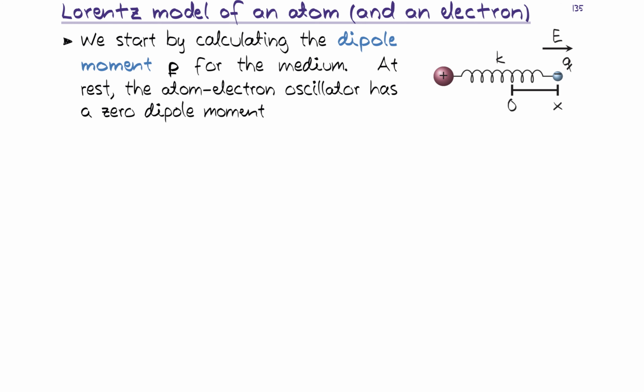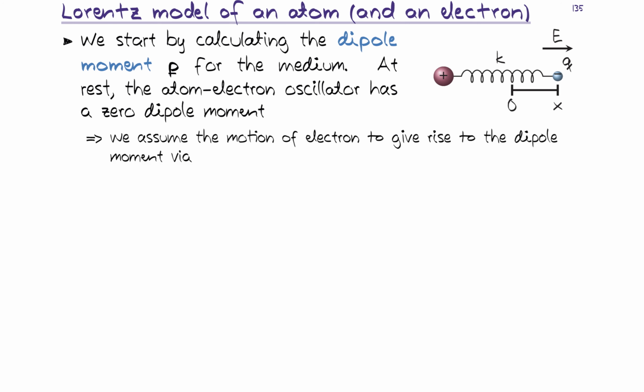So we start with the dipole moment, small p, and describe the medium's microscopic response using dipole moments. And when the system is at rest, so there's no driving field, this atom-electron oscillator system has a zero dipole moment. So it doesn't oscillate. And here what we do is that we assume that the motion of the electron gives rise to the dipole moment, of the form that the dipole moment is q, the charge of the particle, times the displacement.